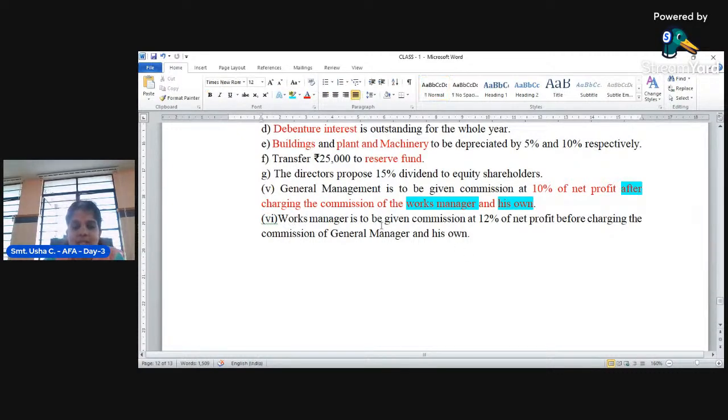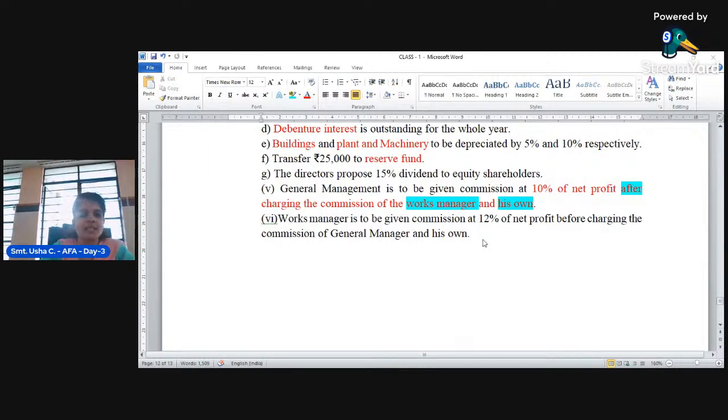Works manager is to be given commission at 12% of net profit before charging such commission of general manager and his own. In the sense, whatever net profit we calculate before charging works manager's commission and the general management commission, 12% of that net profit will be calculated.